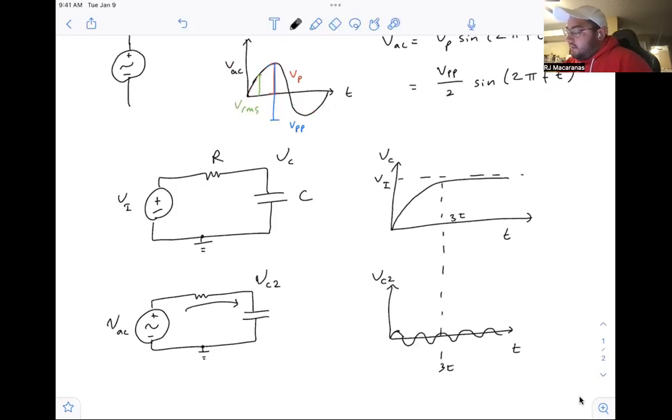And so for oscillating faster than that capacitor can charge, you can see that the voltage there is no longer going to come close to the magnitude of this alternating current. And so the amplitude, I guess, or yeah, the magnitude there.